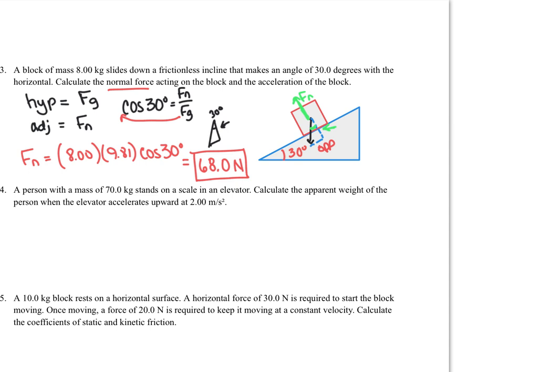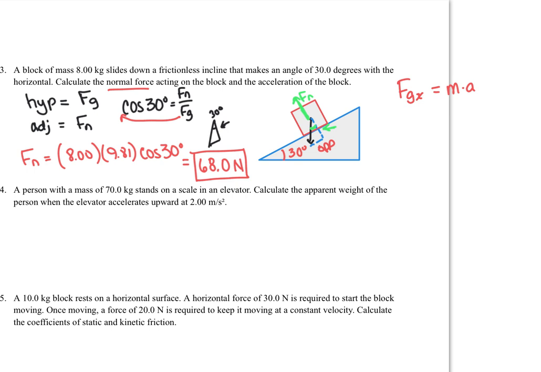Now we're saying calculate acceleration, which means we need the force of gravity that's working parallel in that x position. That is going to equal the mass times the acceleration, which is what we're solving for.